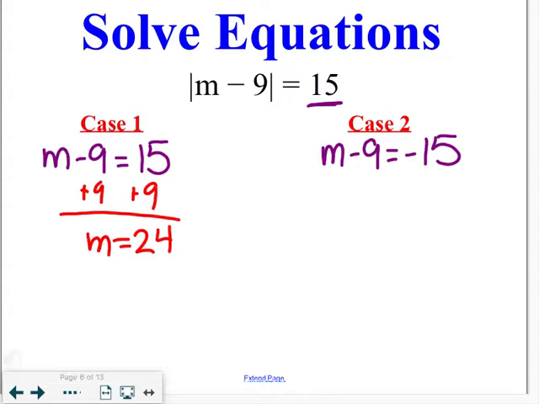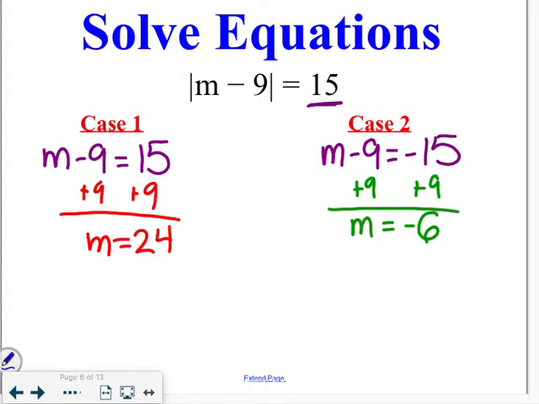If I finish solving on the second side, I'm again going to add 9 to both sides, and I end up with an answer of m is equal to negative 6. So I've solved both cases the same way.